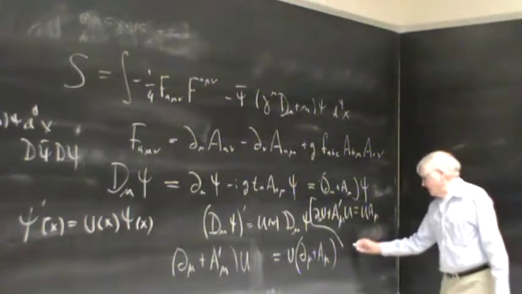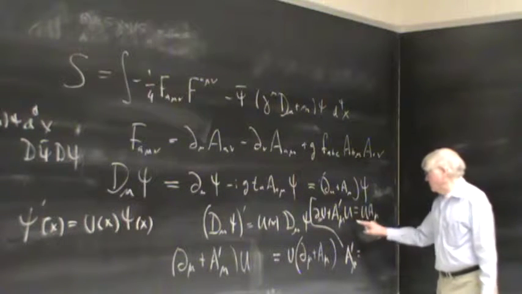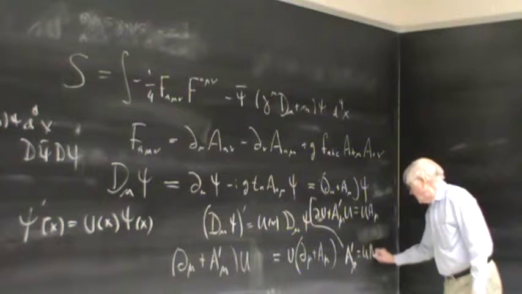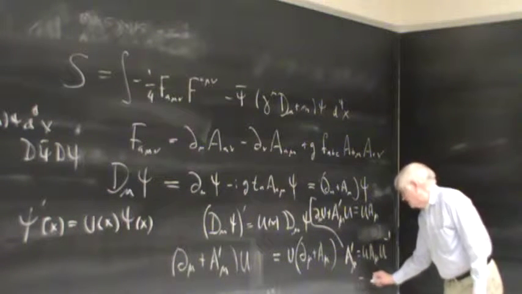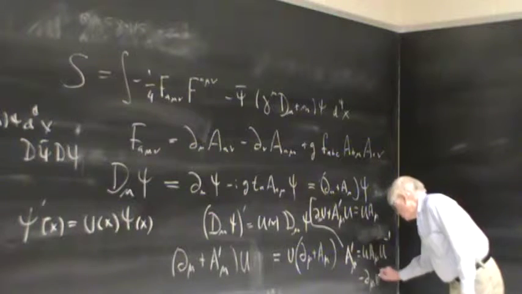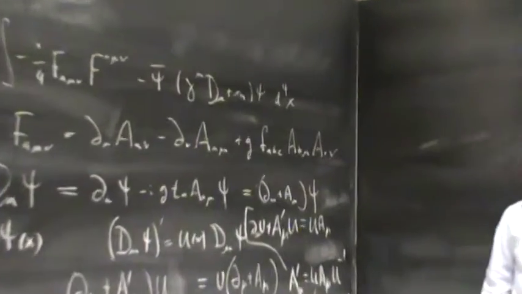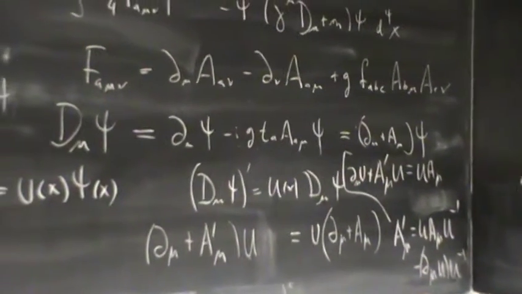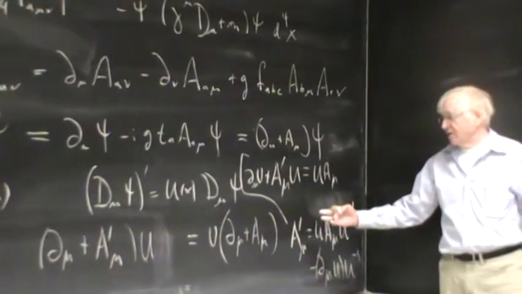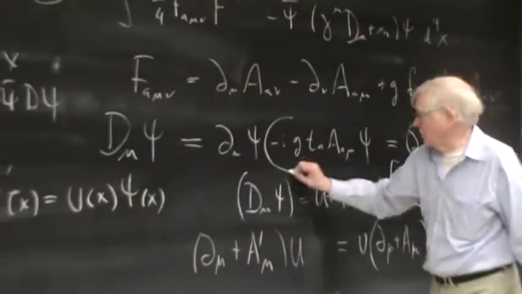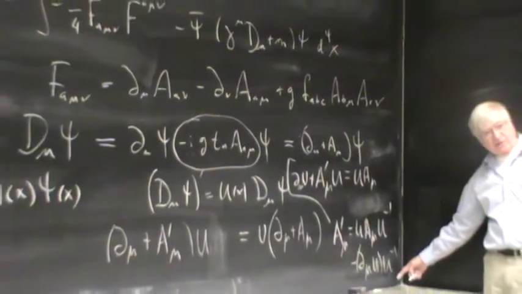And so this then tells us that a prime mu is equal to u a mu u inverse minus d mu u inverse. Okay. So the point is you have local gauge invariance if the gauge field matrix defined as this whole thing under a gauge transformation transforms this way.